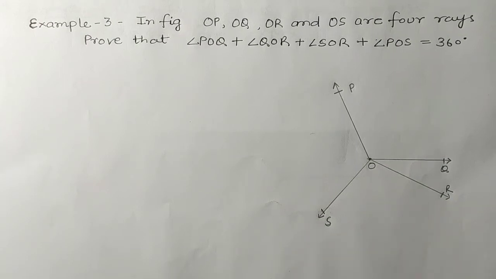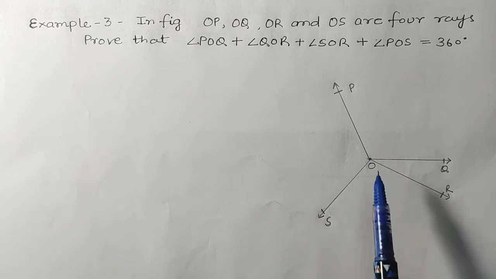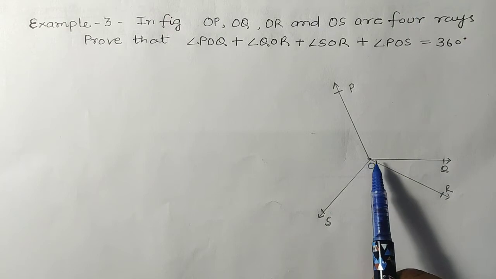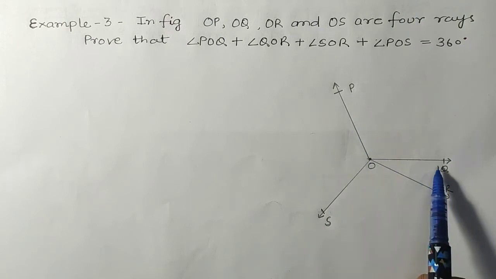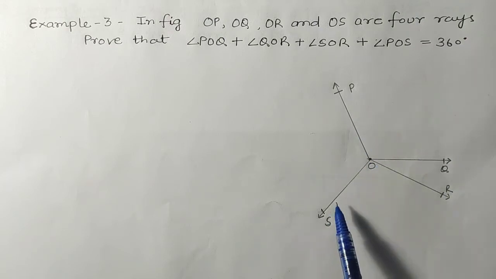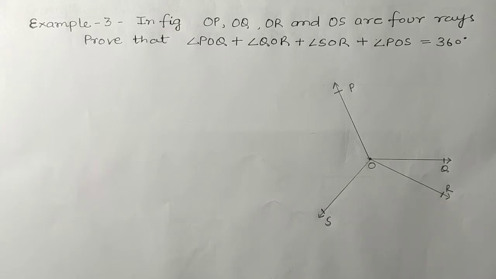In the figure, OP, OQ, OR and OS are 4 rays. See, the initial point is O, and from here the rays OP, OQ, OR and OS are there.